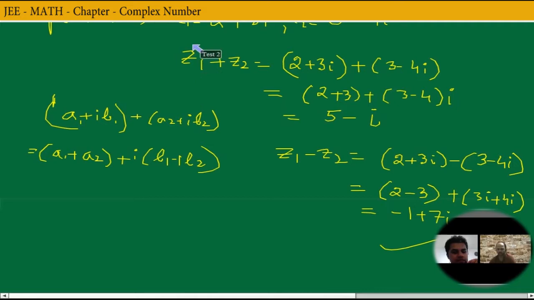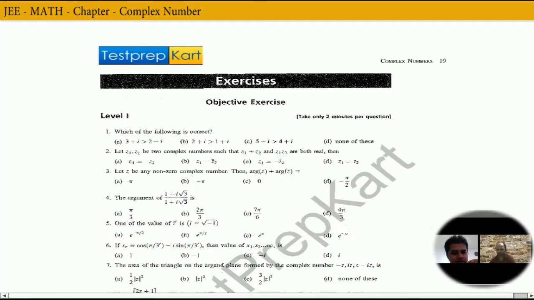If it is required while discussing questions, we'll come back to this. So let's discuss a few questions. Nothing to worry about, they're very basic questions. Let's start from level 1, the first question. It says, which of the following?